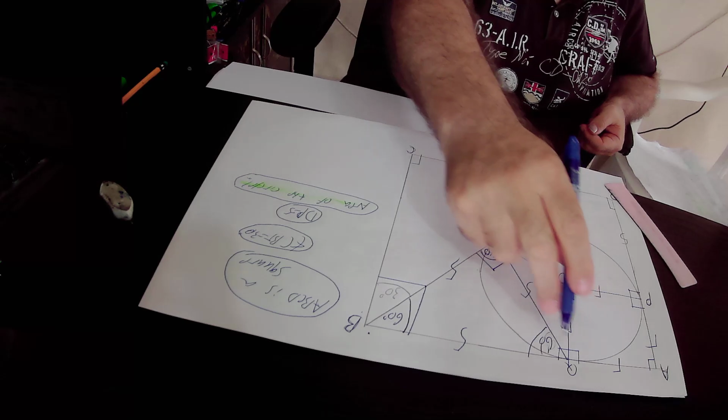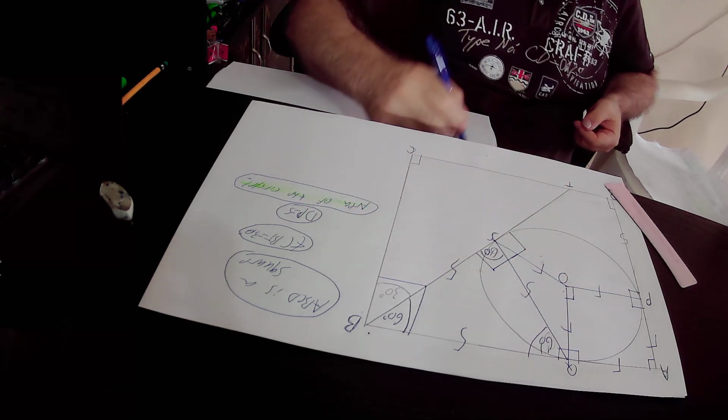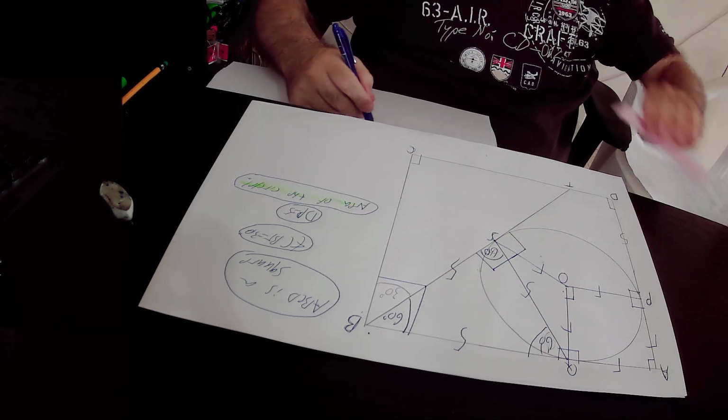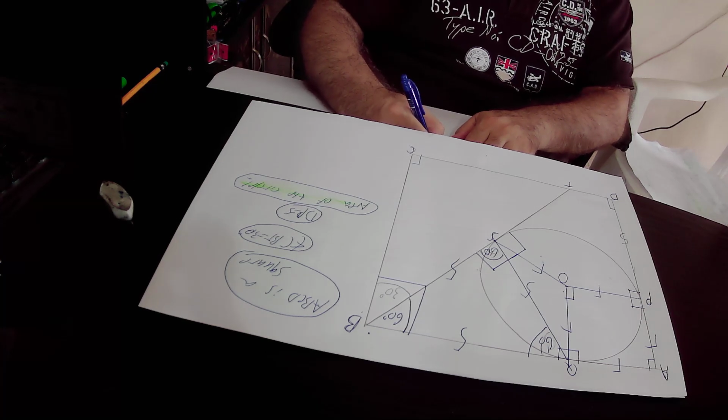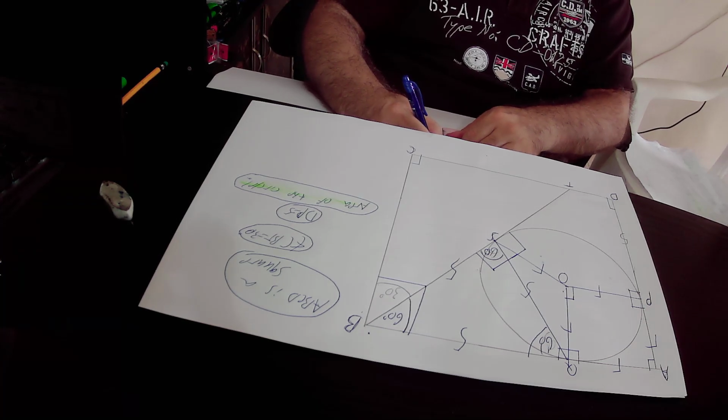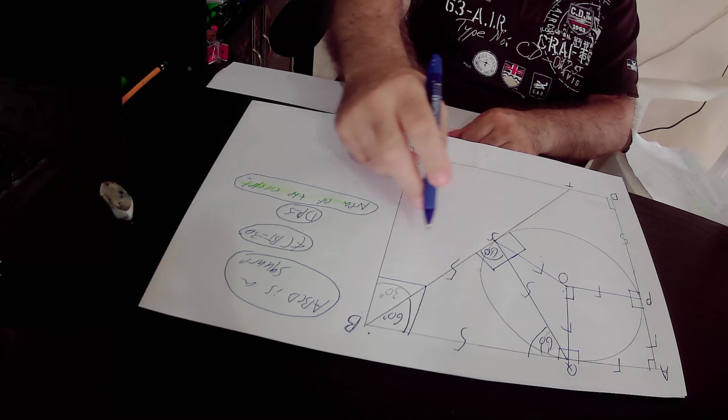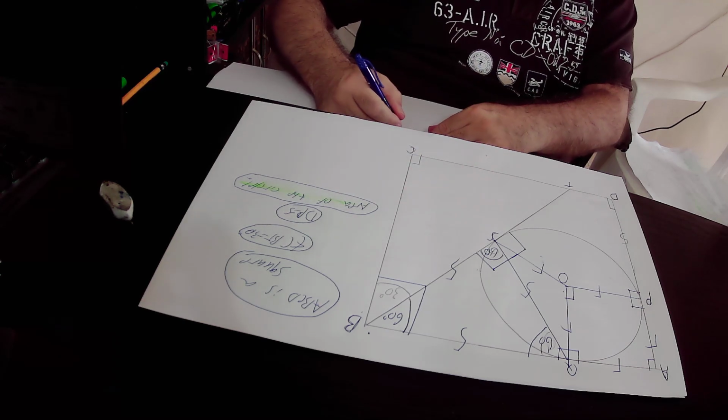Angle OQB equals 90 degrees, a right angle. Angle OSB also equals 90 degrees according to rule number 1.